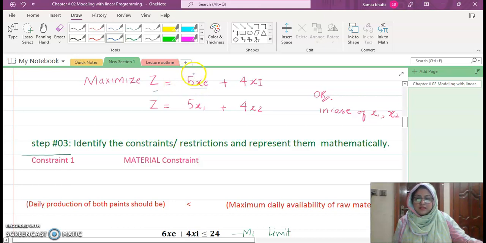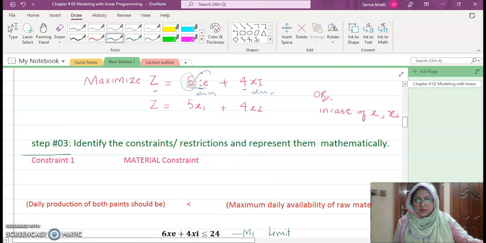5xe, 5 is the profit that we are earning per ton from exterior paints. This is the exterior paint, and 4 is the profit that we are making from interior paint. Now we don't know the number of units, so the company doesn't know this section.